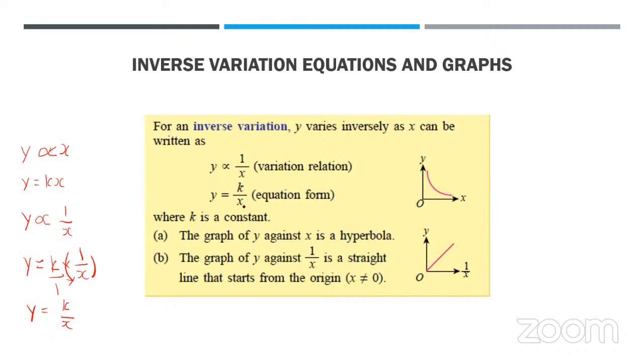So now let's look at the graphs. These are the two main graphs that you'll be seeing in inverse variation. Pay close attention to the axes because those are important. As you can see, the vertical axis is labeled y and the horizontal axis is labeled x. When the graph is like this and it's inversely variable, you will get a hyperbola. It basically means a graph that does not touch the y or the x-axis.